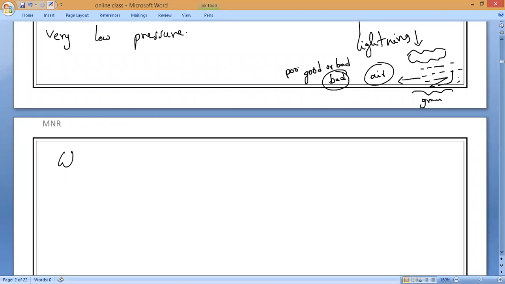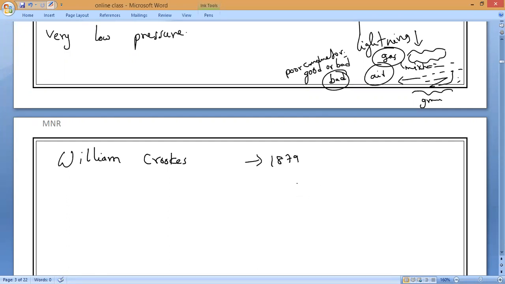Remember that. Basically, air is a poor conductor because it is a gas, a mixture of gases. Basically, gases are poor conductors of electricity. Clear? This was William Crookes, in the year 1879.